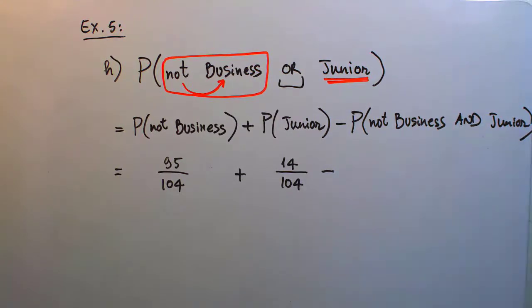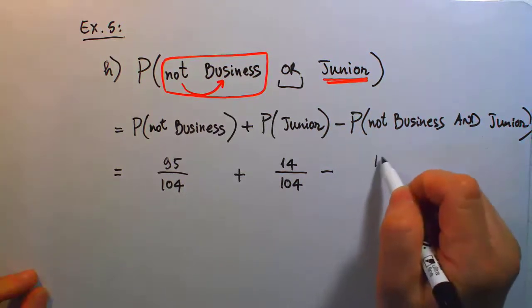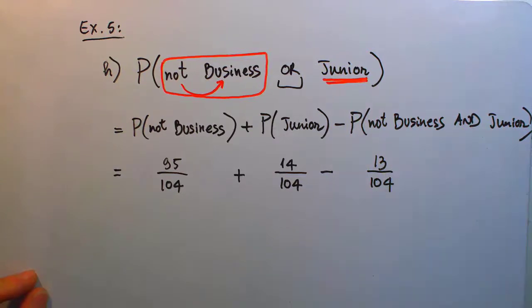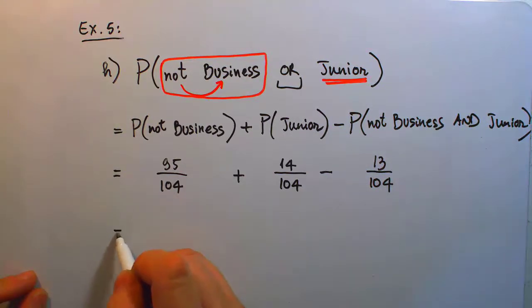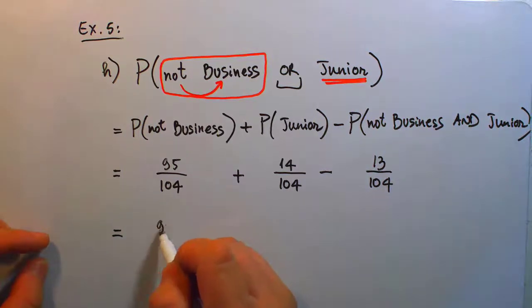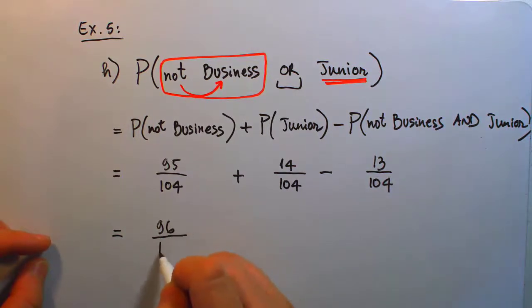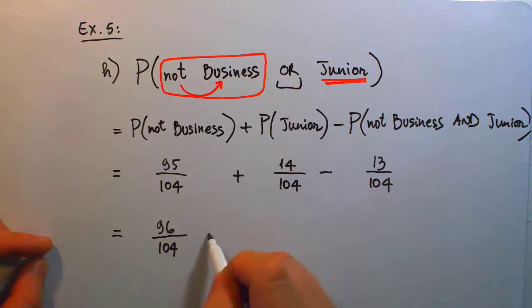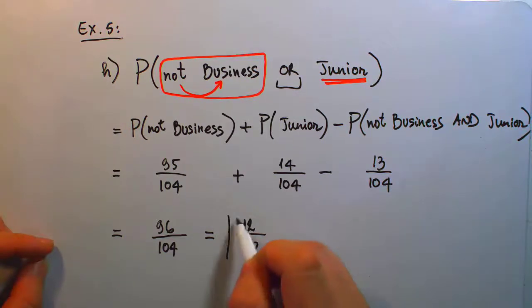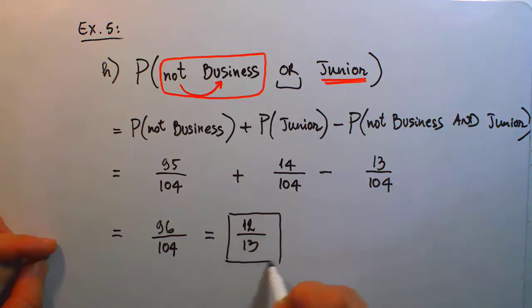So there we're looking at minus 13 out of 104. Doing the math, our final answer before reduction is 96 out of 104, which reduces down to 12 out of 13. And that completes our question H.